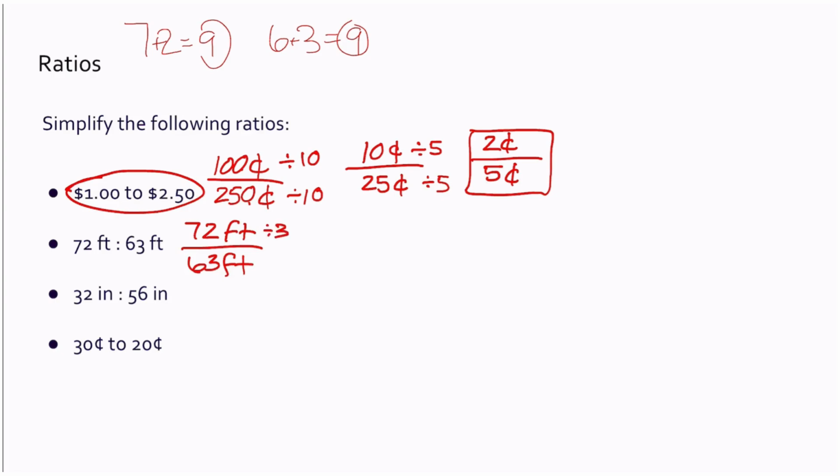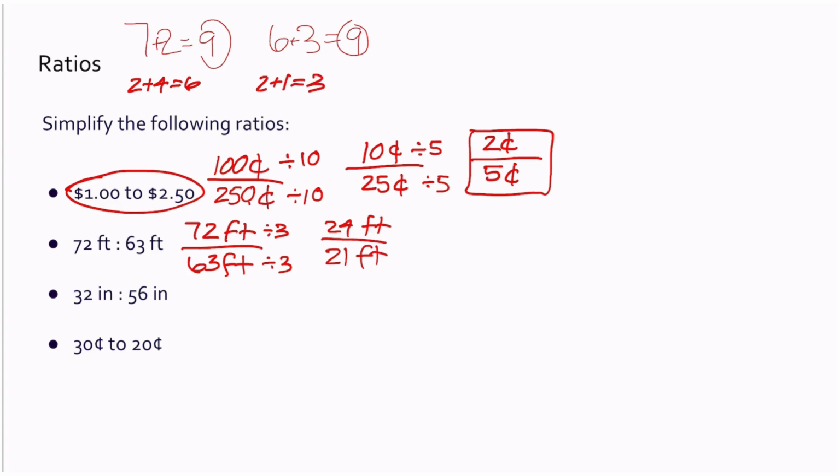So I'm going to start with 3 here. They might be divisible by 6 or by 9, but I'm going to start with 3 because I know that they can be divisible by 3. So 72 divided by 3 is 24. And 63 divided by 3 is 21. Well, now I'm looking at these and I see, okay, I have 24, which again, let me see, 2 plus 4 is 6, and 2 plus 1 is 3.